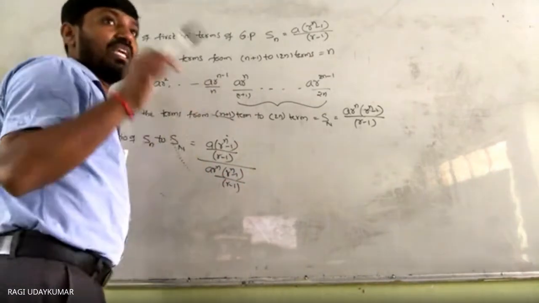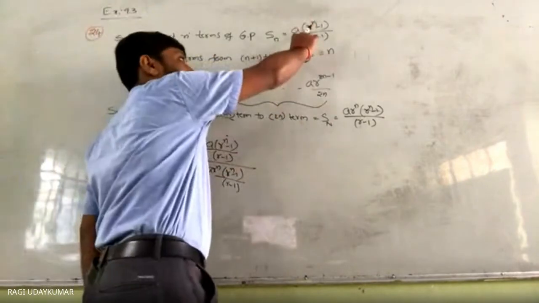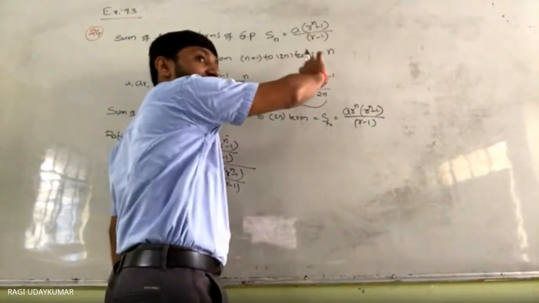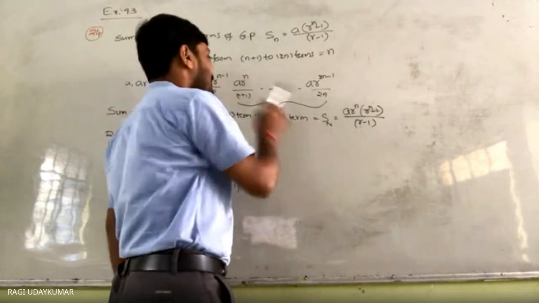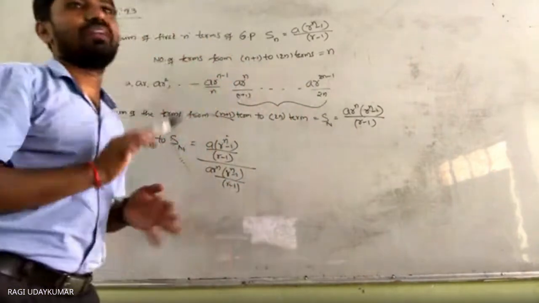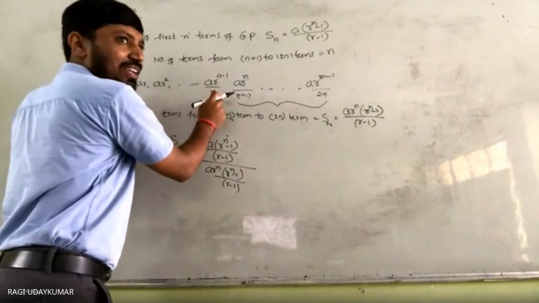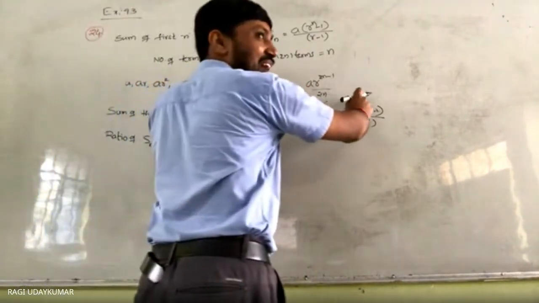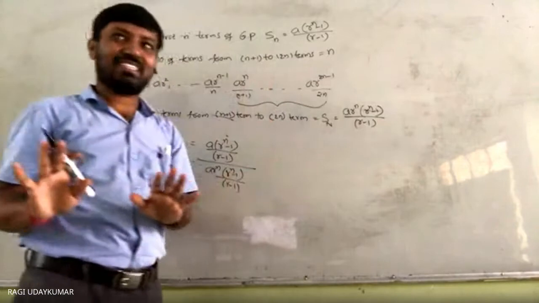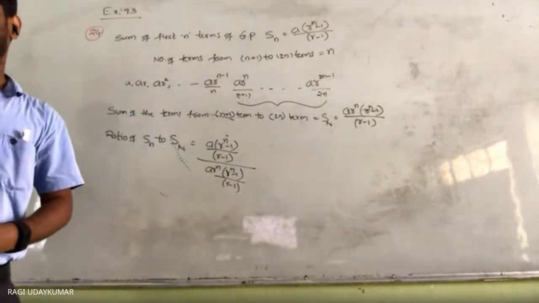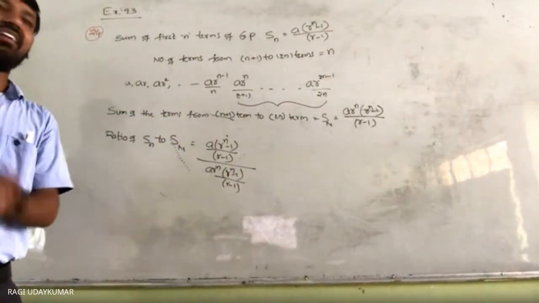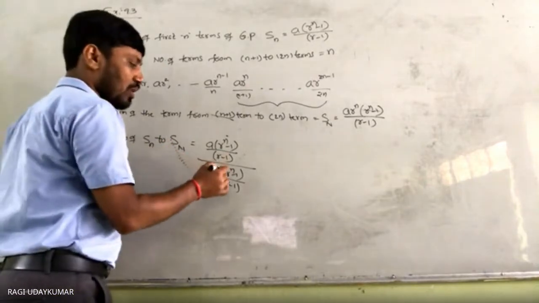Do remember that if you take 1 minus r to the power of n by 1 minus r here, you should take it here also, because it is the same geometric progression. In one geometric progression r cannot be less than 1 and in the other greater than 1. That point you need to observe here. That's why this problem is something different. I have chosen it.